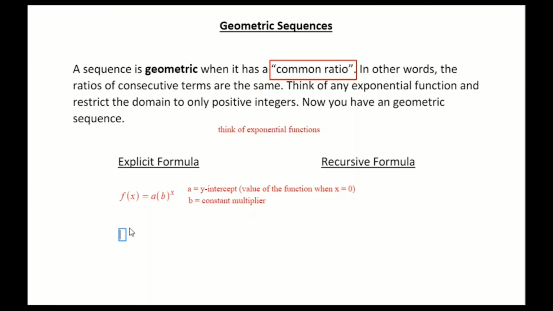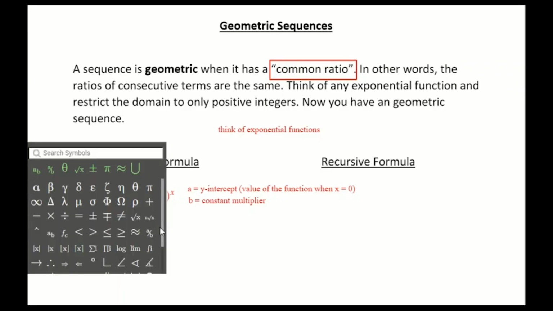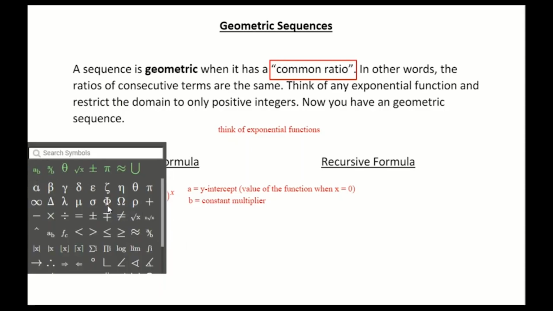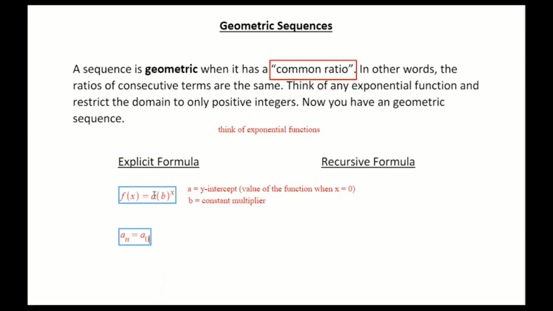So we have a sub n equals a sub 0. Remember, that's that y-intercept, so that's going to be basically like this seed value, like we had in the other one. That's going to play the role of that y-intercept, times our multiplier, which we're going to call r, okay? r being the common ratio.